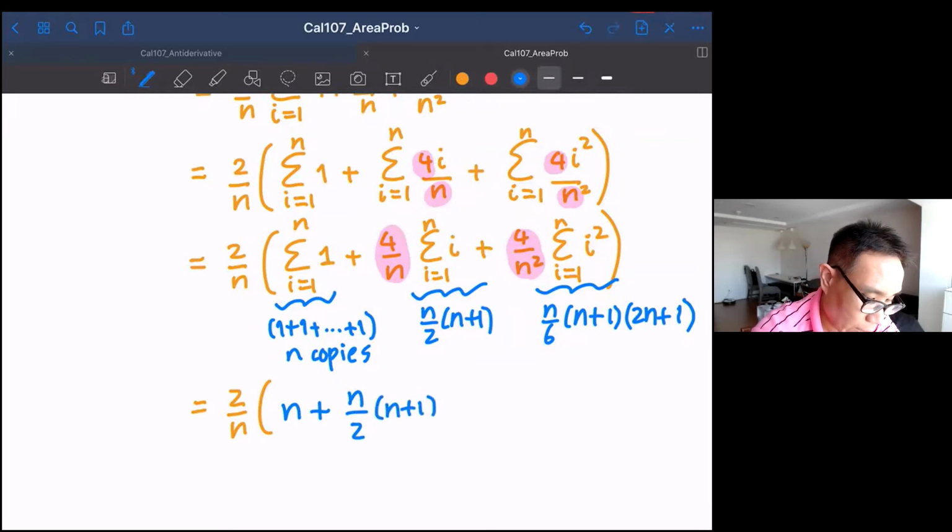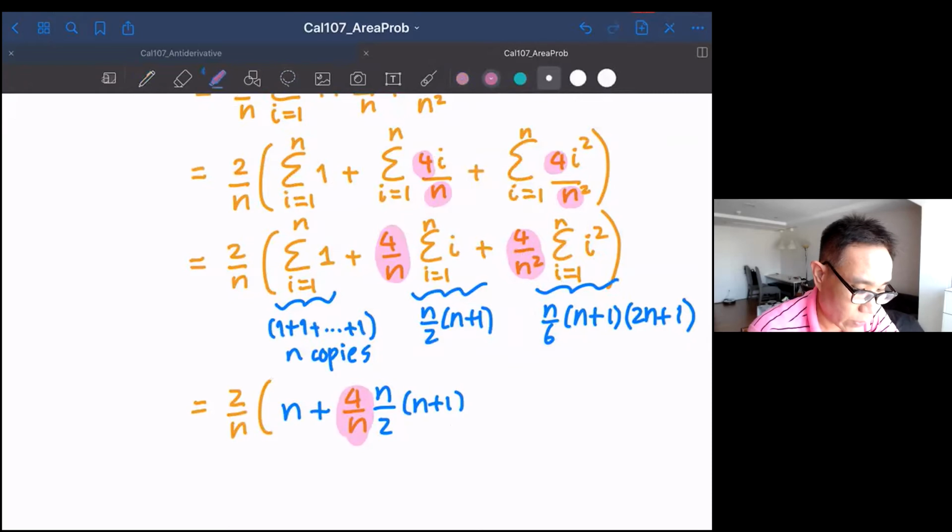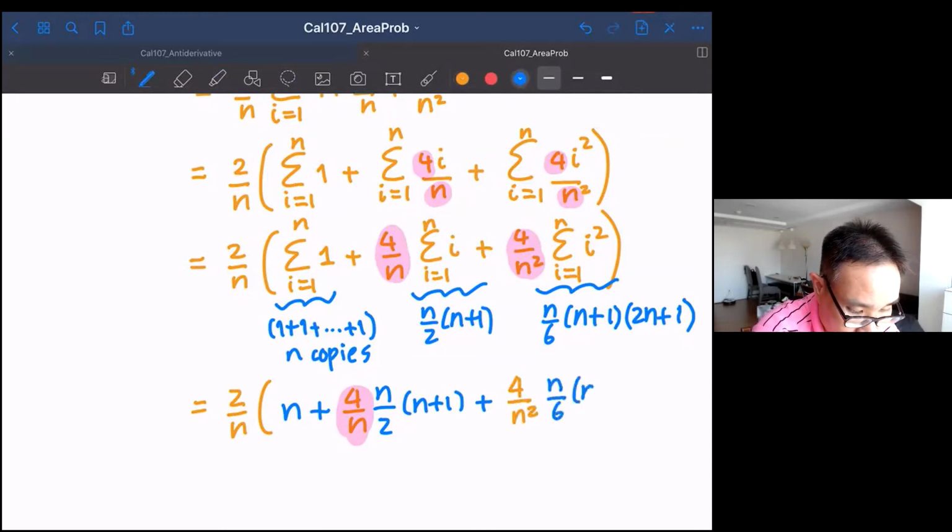The last guy, I forgot 4 over n. So I forgot 4 over n. And the final one, you multiply by 4 over n squared, and you have n over 6 times (n plus 1) times (2n plus 1).